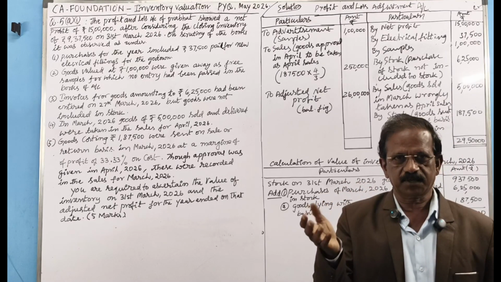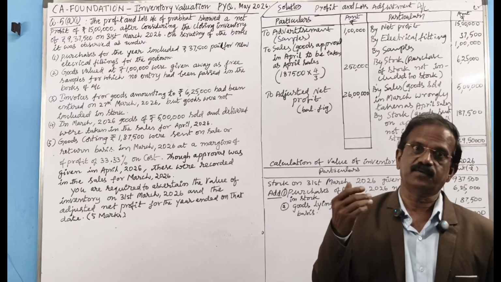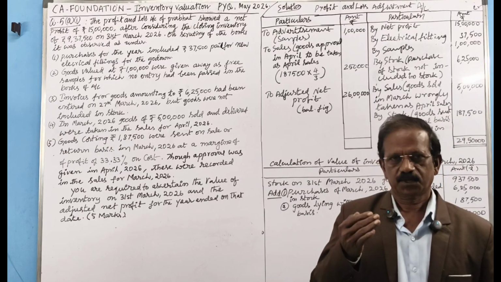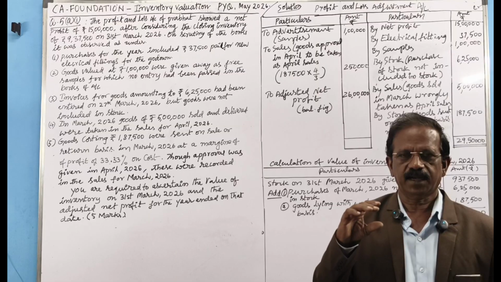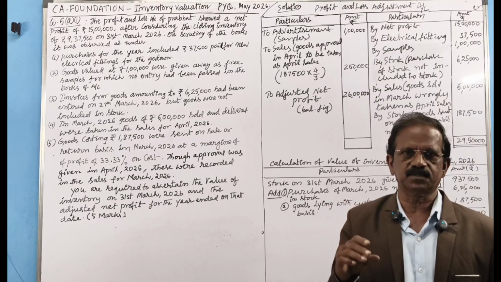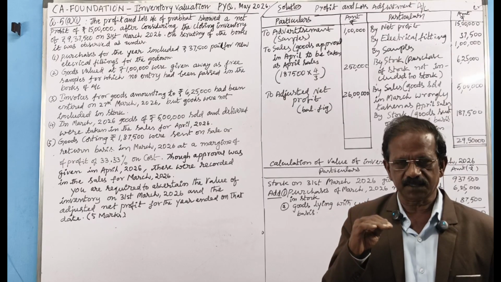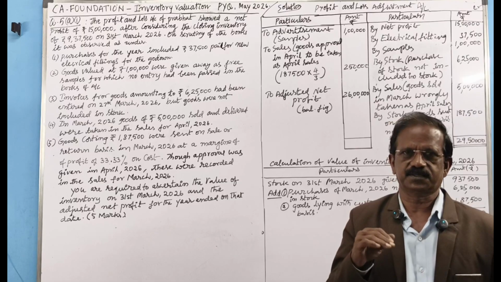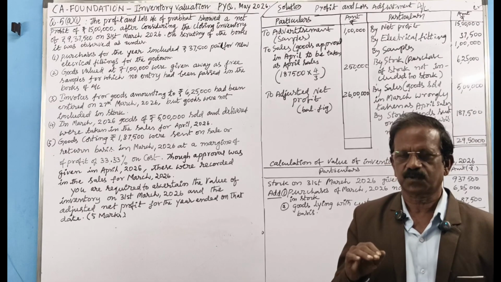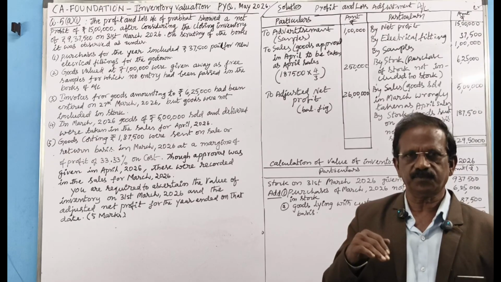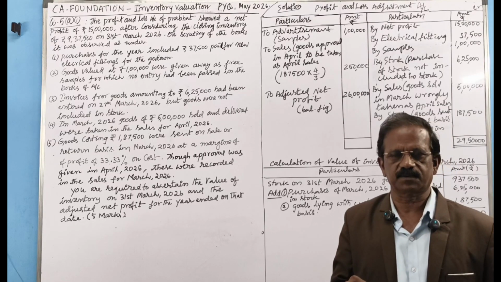Free samples account debit or advertisement account debit, to purchases. When you write this entry and post in the relevant accounts, your purchase account will be reduced. But had it been reduced? No. Now we have to reduce the purchases account.